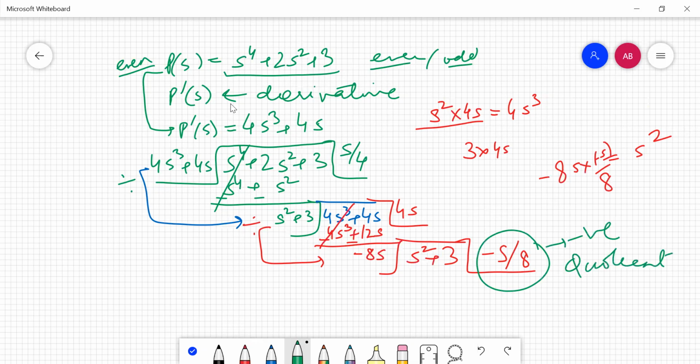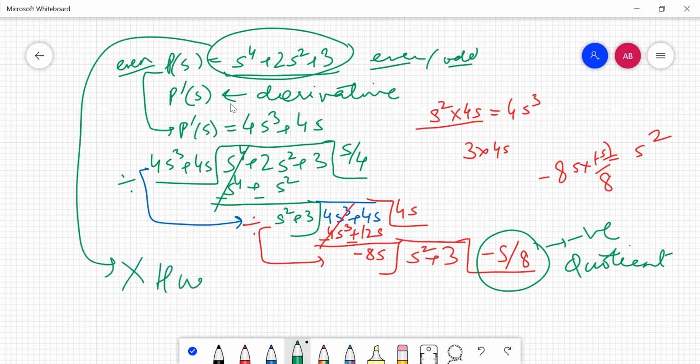And as soon as you have got a negative quotient, you will just say that your given polynomial is not a Hurwitz polynomial. Right? So this is how we go for the numericals based on the Hurwitz polynomial.